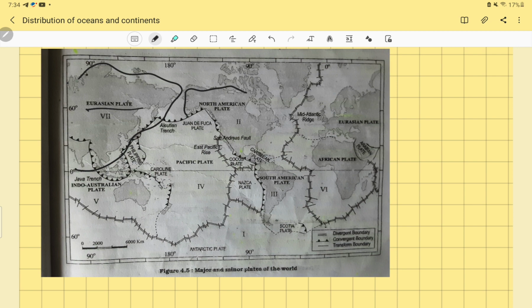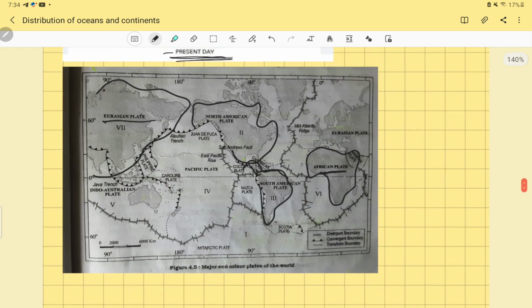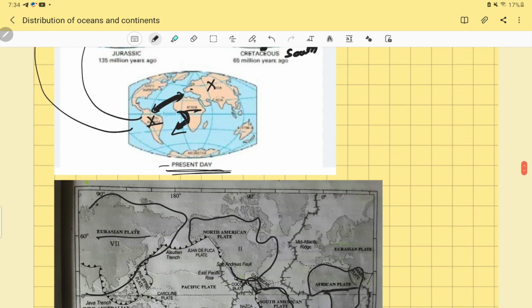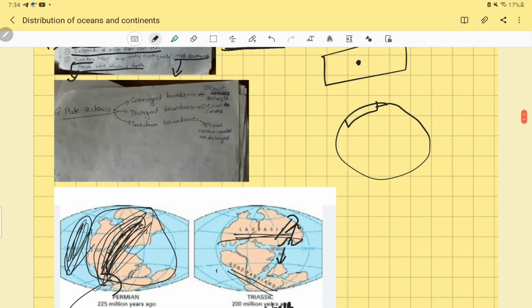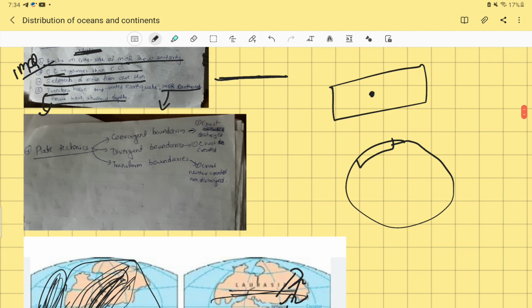Then you have the North American plate, the Caribbean plate, the South American plate. Different plates are there. These plates are moving and continents are placed on these plates. So they say it's not the continents that are moving, instead it's the plates which are causing these changes.